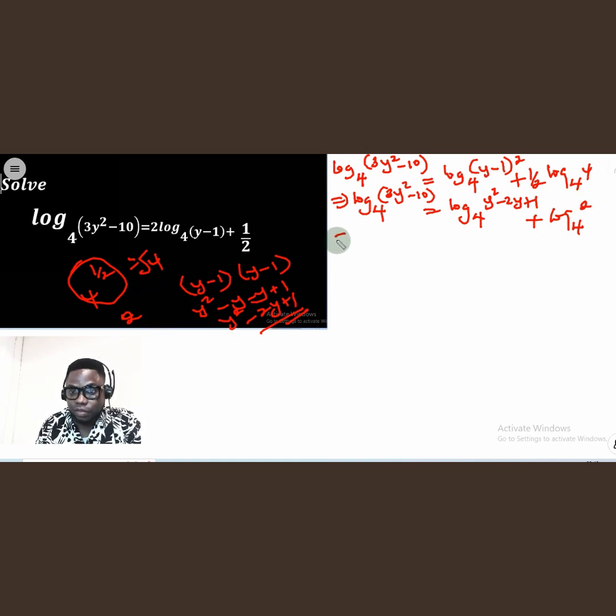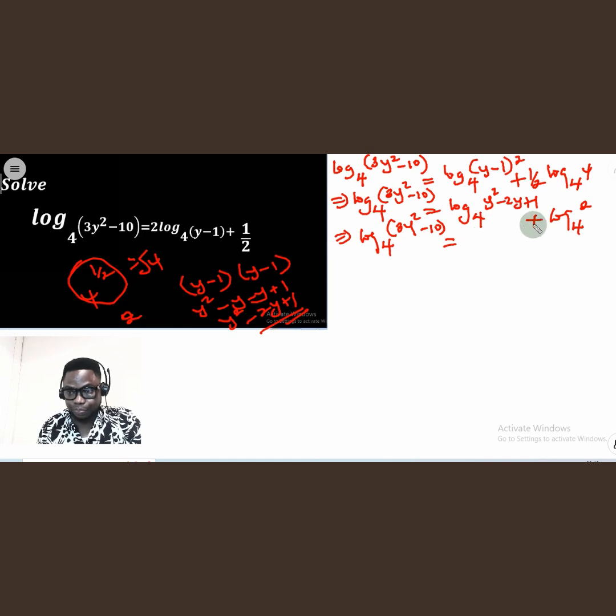So this is equal to, remember this is going to be a quadratic equation because the highest power of the variable y is 2. So I'm going to have log 4 raised to the power of 3y squared minus 10 is equal to, applying the addition law of logarithm here, I'm going to pick the common base, which is log 4, and multiply the exponents.